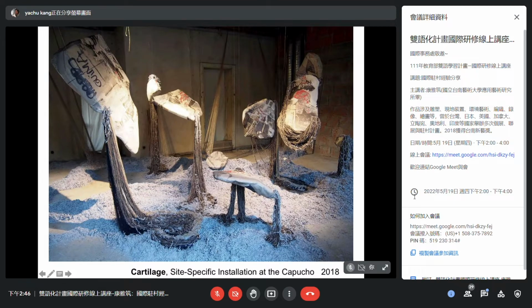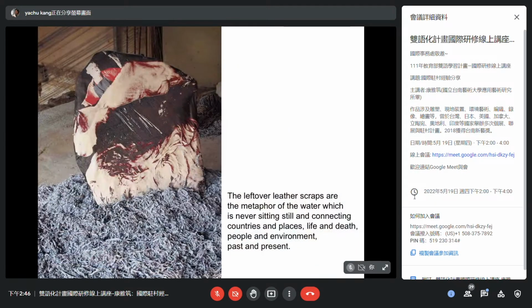So in the space, I created the soap as this blue leather, representing water. And this blue thing is the leftover leather scrap.